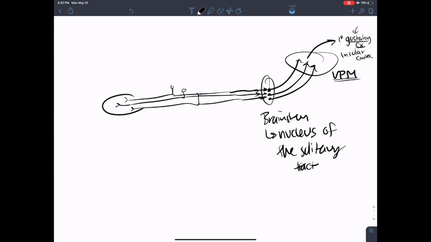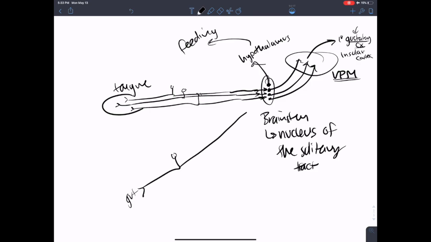From the nucleus of the solitary tract, it also goes to the hypothalamus, and this is for information regarding nutrient availability. So your hypothalamus can then control things like feeding. Let's say your taste receptor cells are noticing there's a ton of sugar in your system, and there's also, so this is your tongue, but there's also taste receptor cells in your gut, so this is your gut, that also project to the nucleus of the solitary tract.